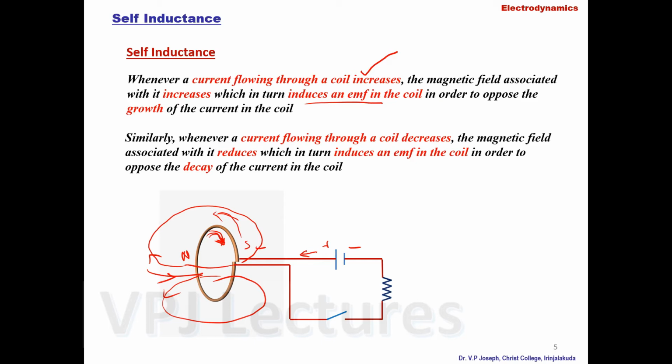In both cases, we get the same principle, the self-induction principle, and we will represent that in terms of the flux linkage associated with the coil. So similarly, whenever a current flowing through the coil decreases, the magnetic field associated with it reduces, which in turn induces an EMF in the coil in order to oppose the decay of current in the coil.